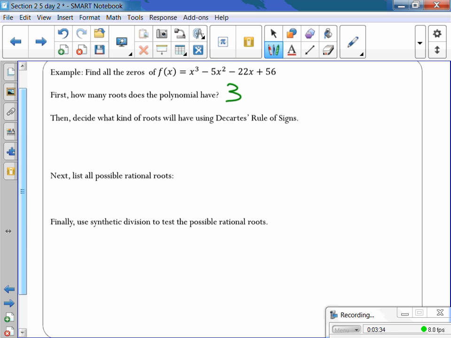So now, using Descartes' rule of signs, 2 or 0, because we go from positive to negative, negative to positive, only 2 sign changes, or an even number less.